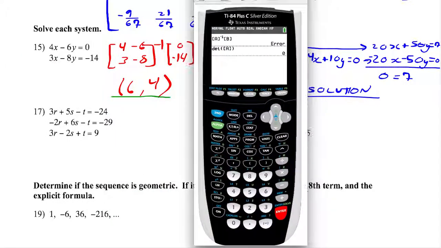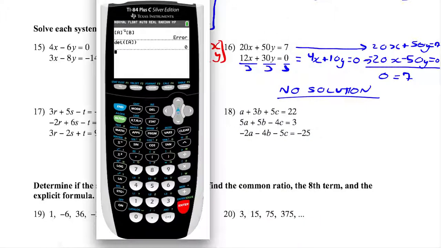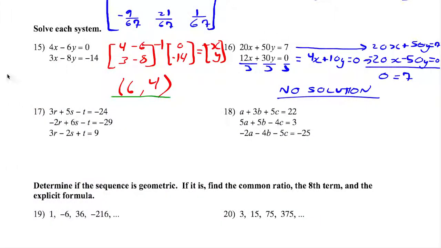But I'm going to use the same setup for number 17. So I'm going to write out what these matrices are. This is going to be 3, 5, -1, -2, 6, -1, and then 3, -2, 1.